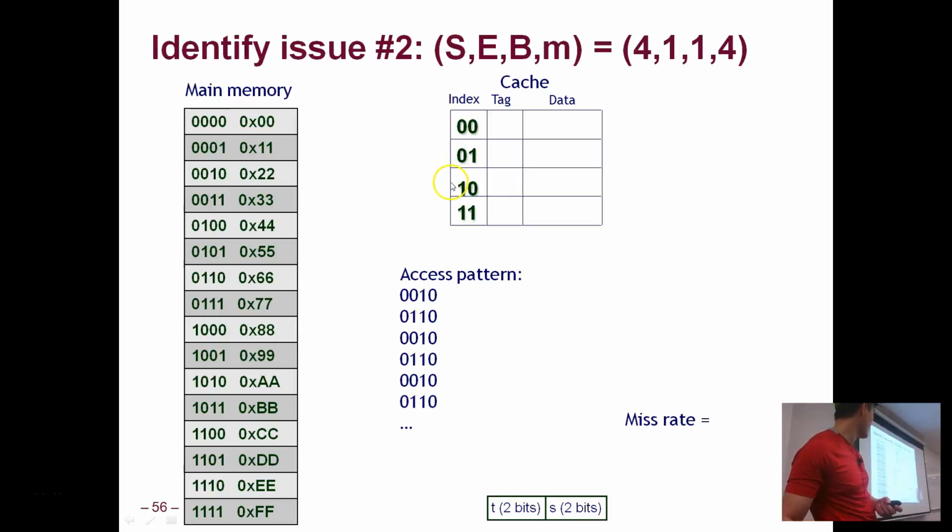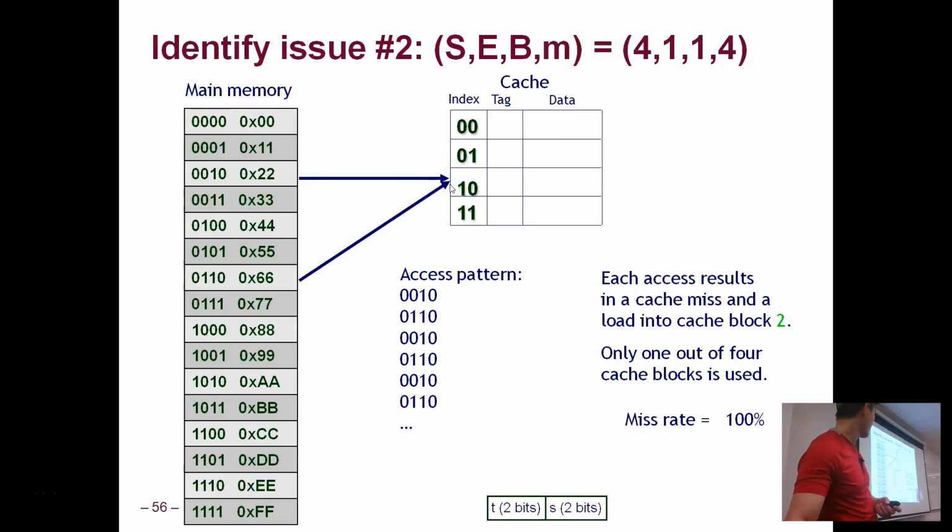So these 2 data accesses will continually conflict with this block. Which is a problem because if this is your only access pattern, that means this cache location and this cache location are completely unused, while this one is getting thrashed.